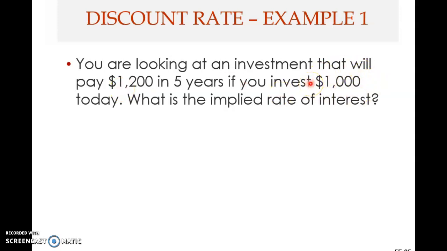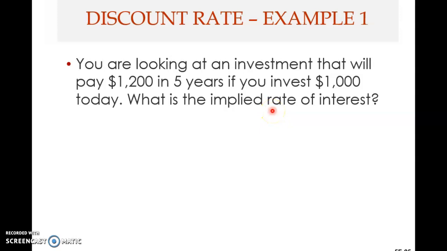The other thing that is known is the term. The difference between the first cash flow and the second cash flow is this 5-year term, so n is 5. The unknown must be the remaining element, which is the interest rate or the discount rate.